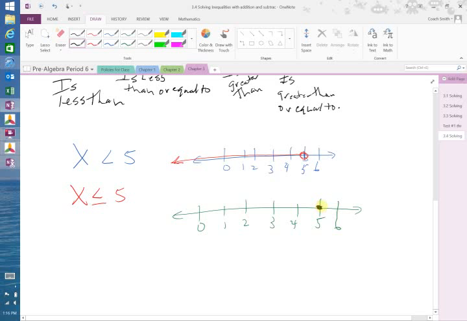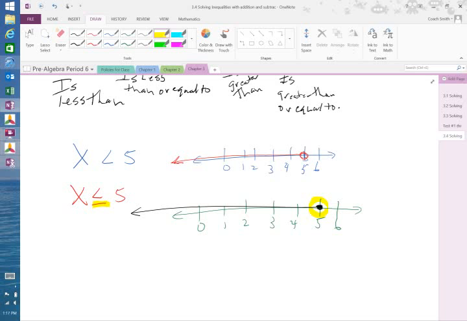Now I color in my dot, and the arrow goes to the left. The reason that I color in the dot is because of that right there. If I don't have the less than or equal to, then I don't color in the dot. Like I did here. See, this dot is not colored in, this one is.